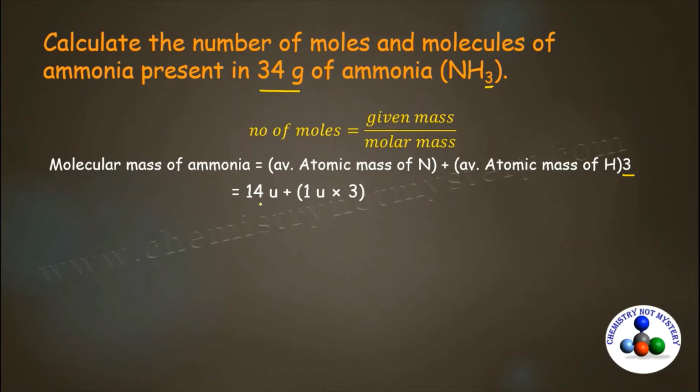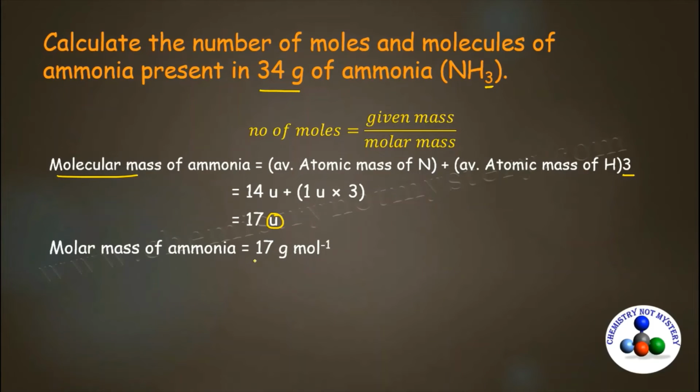Average atomic mass of nitrogen is 14 u and of hydrogen is 1 u multiplied by 3. On solving it, you will get 17 u, the molecular mass of ammonia. Now replace this u with g to get the molar mass of ammonia. So here you will get 17 grams per mole.